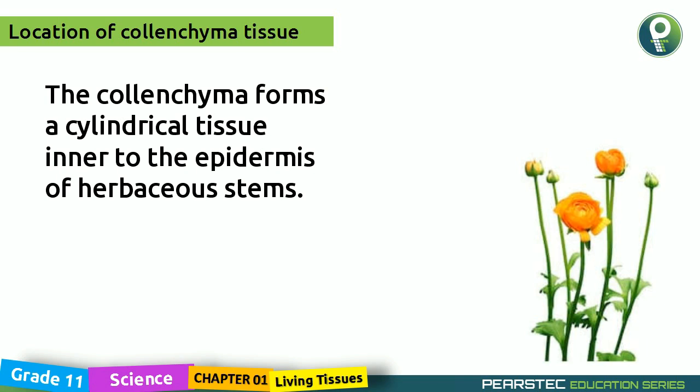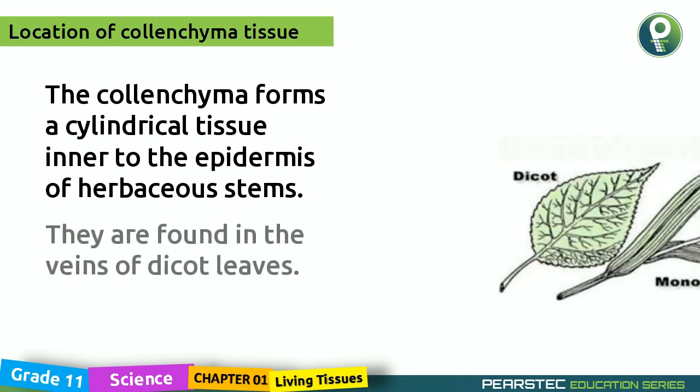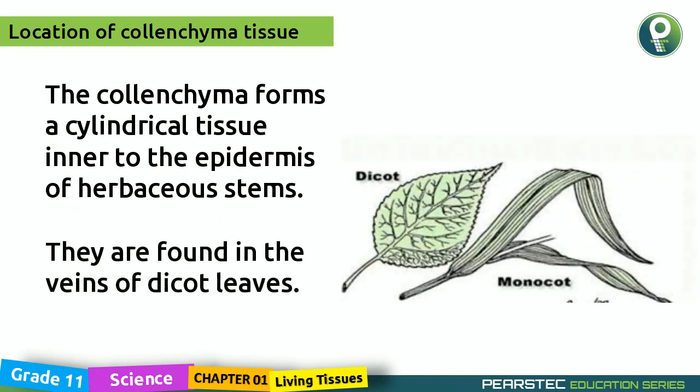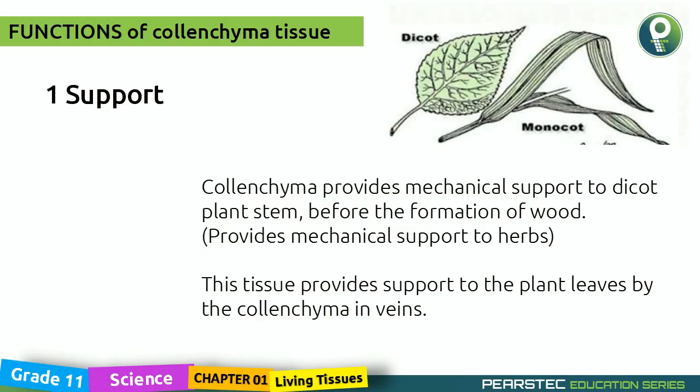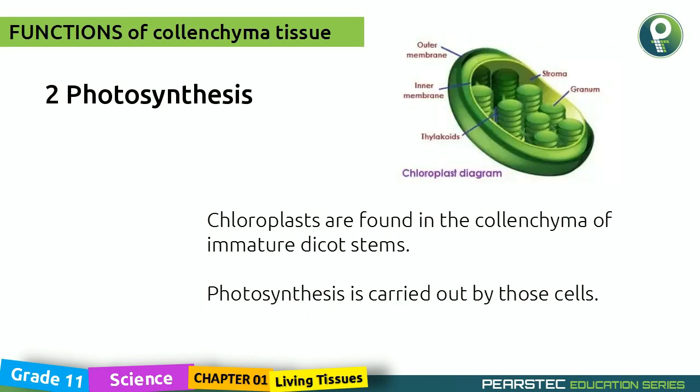You find collenchyma tissue inner to the epidermis of herbaceous stems, and in the veins of dicot leaves as well. As for the functions, collenchyma provides mechanical support to dicot plant stems before the formation of wood. Chloroplasts are found in the collenchyma of immature dicot stems, so photosynthesis is carried out by those cells.